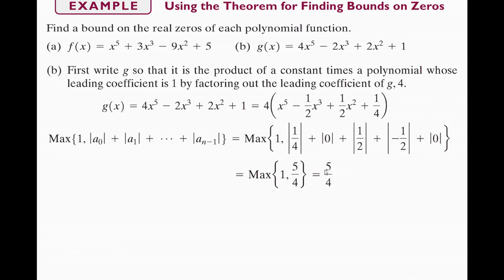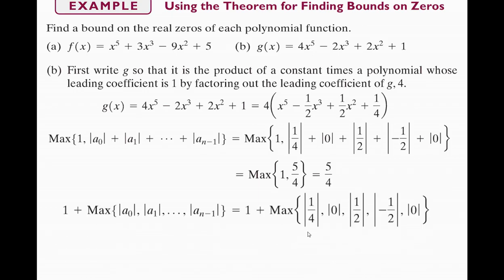That's 5/4. Okay, we're going to do the same thing, but we're going to go 1 plus the absolute value of whoever's biggest, 1/4, 0, 1/2, negative 1/2, or 0. So in this case, our biggest one, absolute value of 1/2, is 1/2. I'm going to add 1 to that. So it's 3 halves.